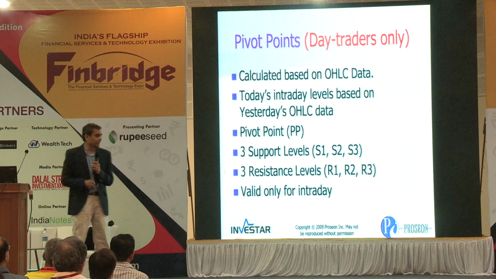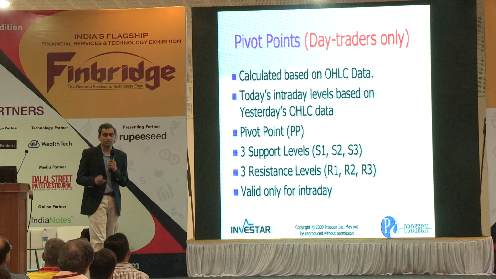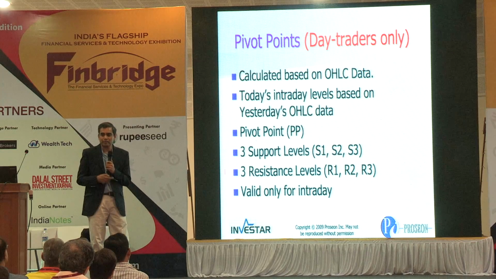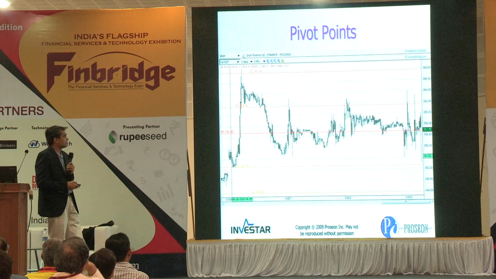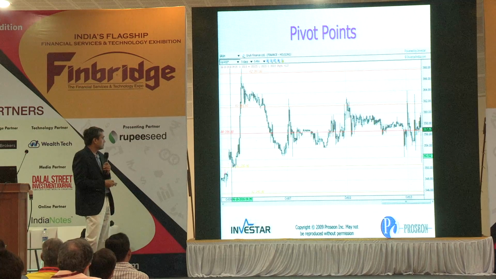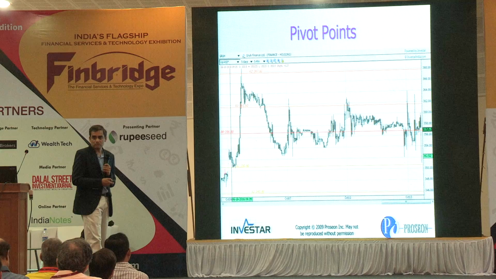The pivot levels are basically all these 3 support and 3 resistance levels. Of course, there are pivot levels calculated based on various formulas also, Camarilla and Woody and all that. But on a basic level, if you see an intraday chart like that, you have a pivot level over here, R1, R2. These are all calculated based on the formula.